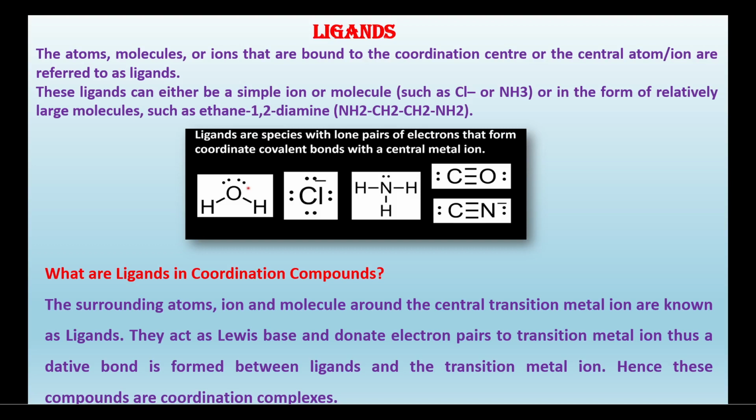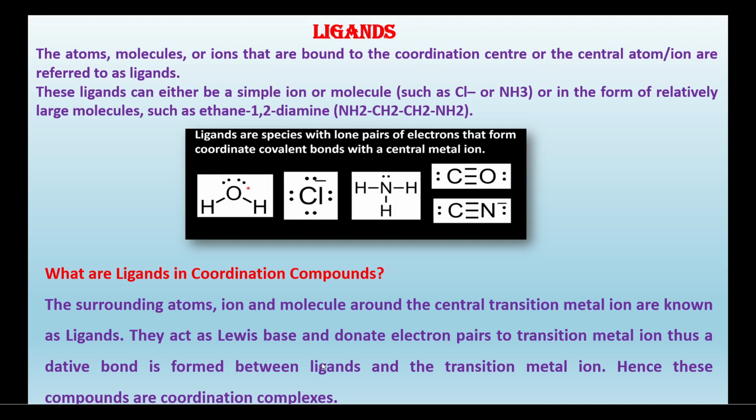The atoms, molecules or ions which bond with the coordination center, or central metal atom or ion, are referred to as ligands. They donate at least a pair of electrons to the central metal atom and form a coordinate bond.